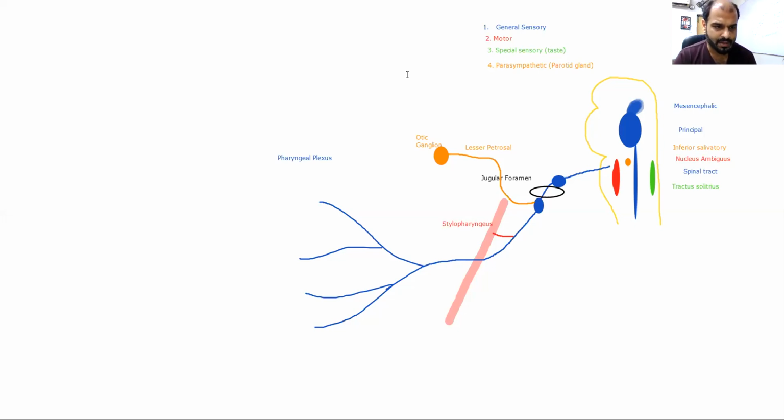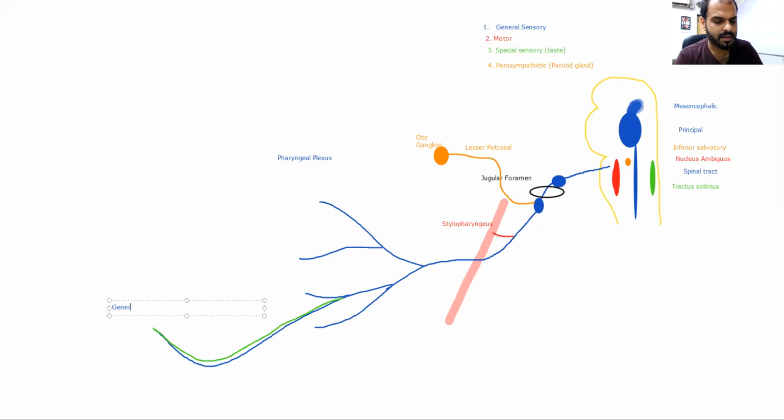In the pharyngeal plexus, it gives a branch which goes towards the tongue, and we may color it not only blue but also in a green color, because this nerve carries dual functions, and it will be entering the posterior 1/3 of the tongue, and it will carry general sensations. What will it carry?